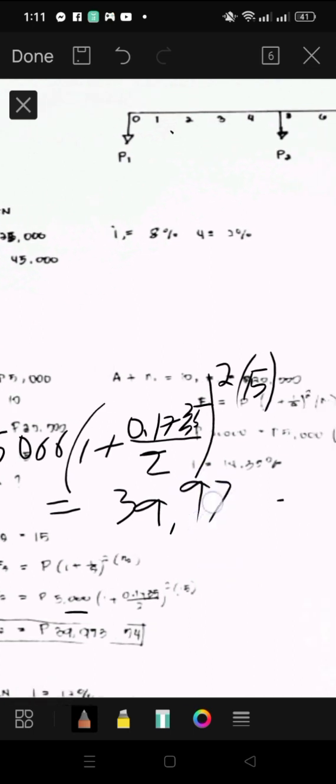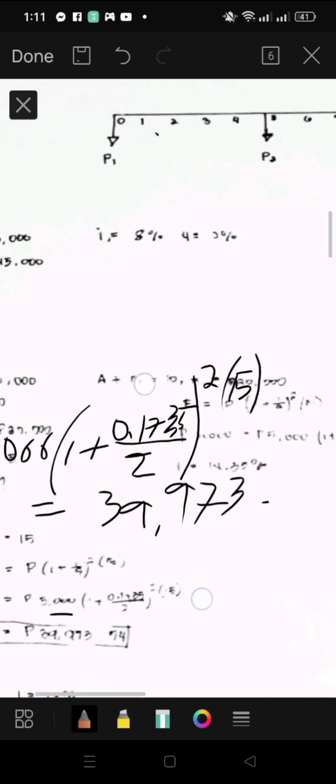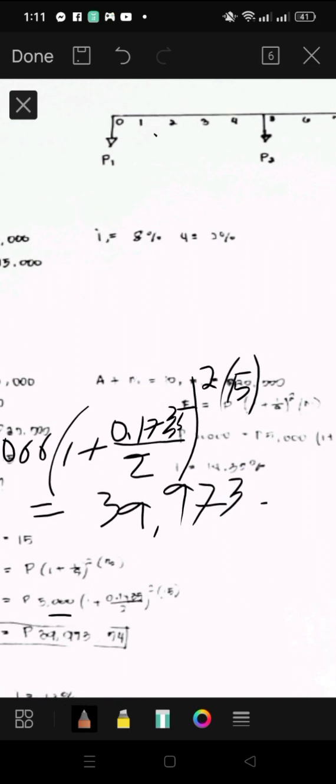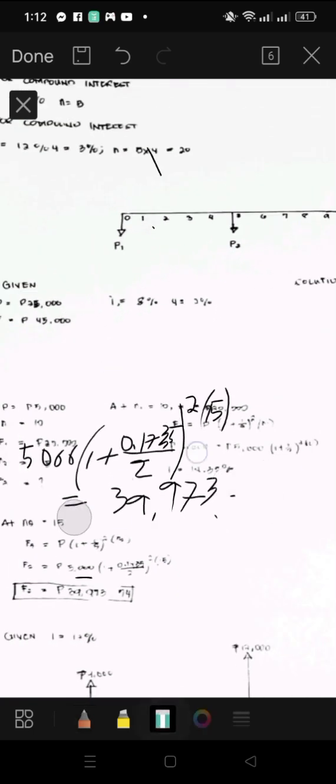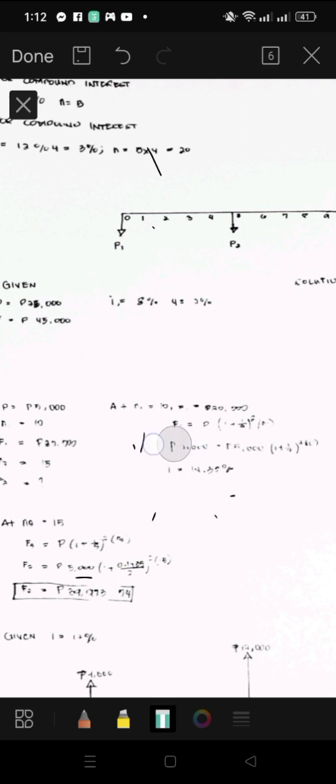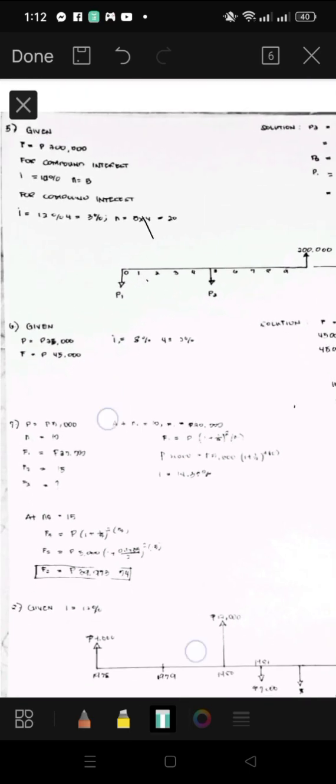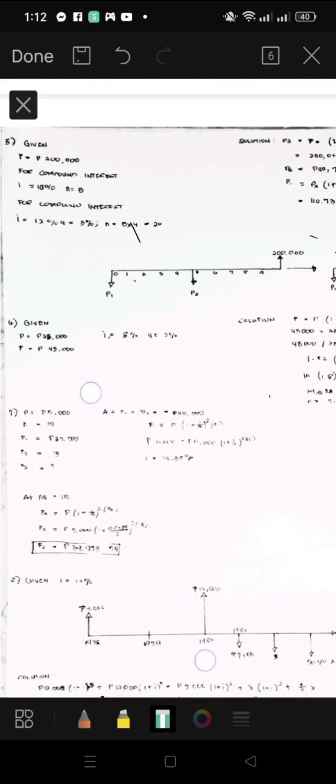So we get F2 equal to 39,973.74, which is the future amount after 15 years. So the next is problem number 8.